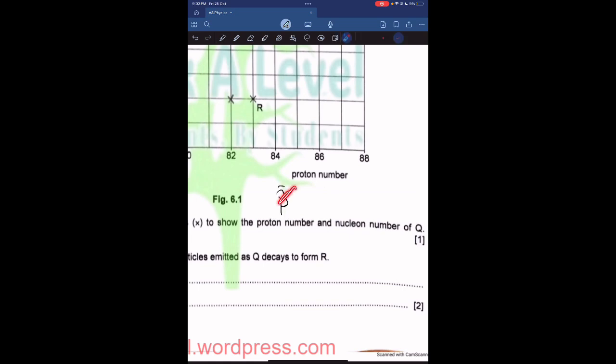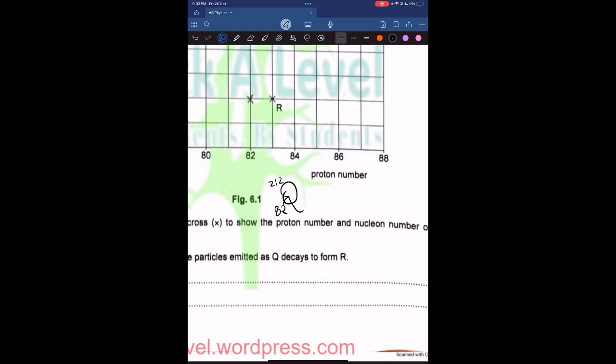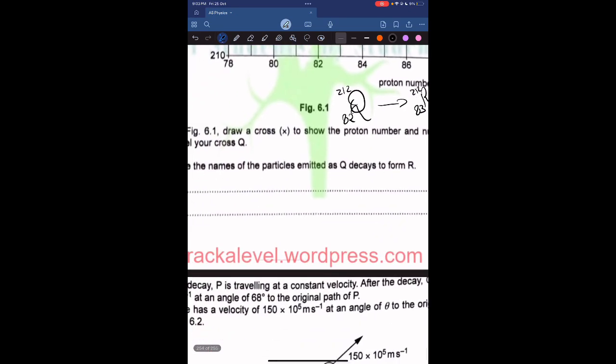So something like this should be happening: Q, 212, has a proton number of 82, undergoes beta negative decay to form R, which has 212 and 83, plus beta negative and an electron antineutrino.